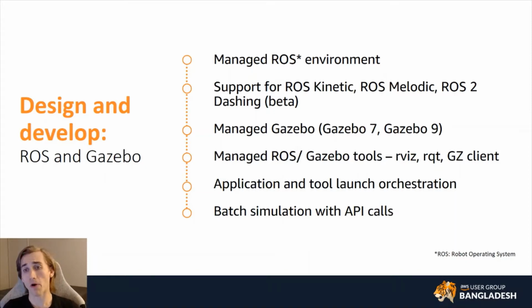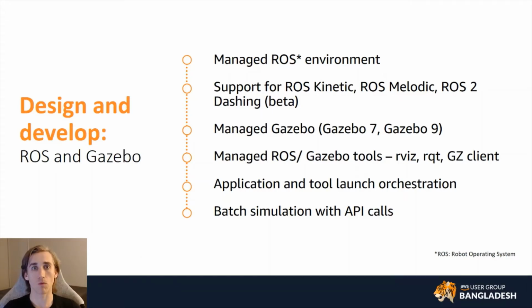So a part of ROS for simulations, which we'll talk about a lot later, is Gazebo. This is a simulation engine that robotics developers use to be able to test their applications. And so this Gazebo engine is what RoboMaker is using to launch these managed simulations.